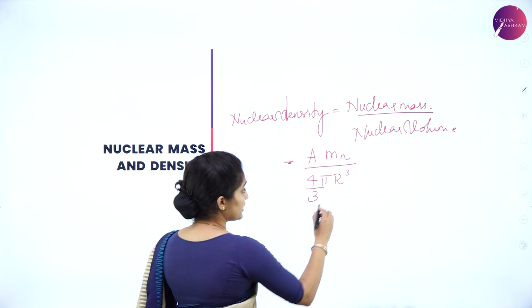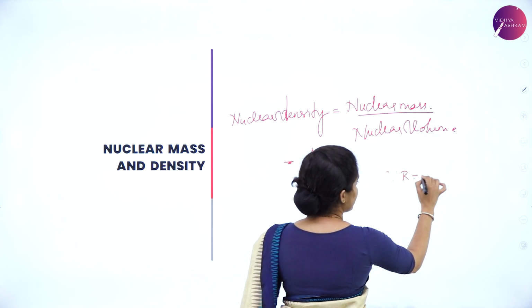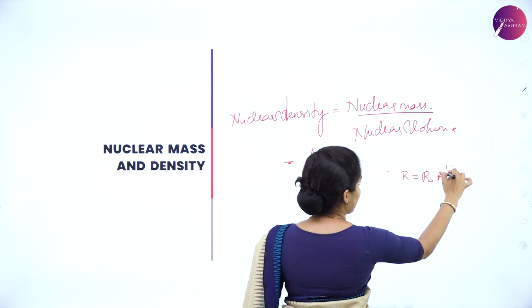Now R is nothing but R naught A to the power 1 by 3.